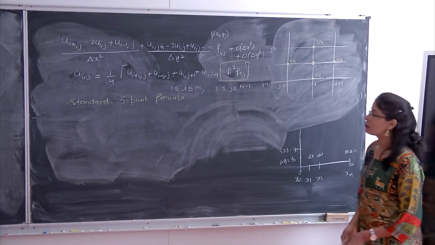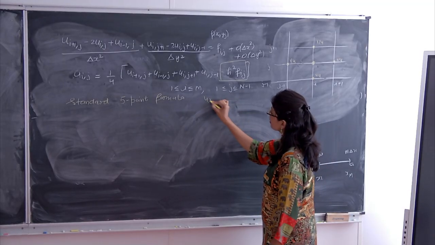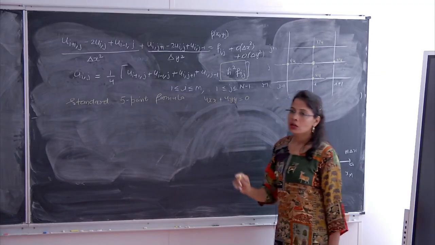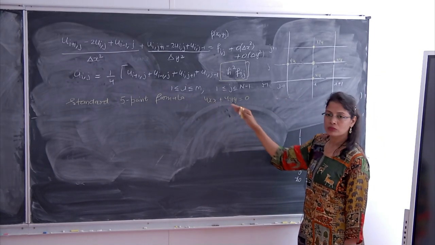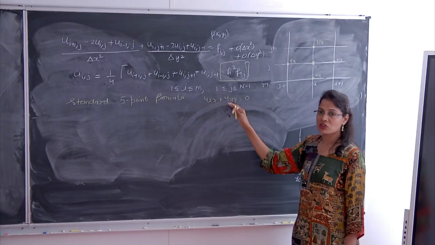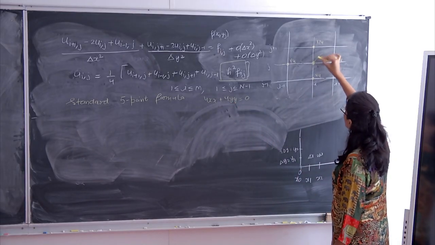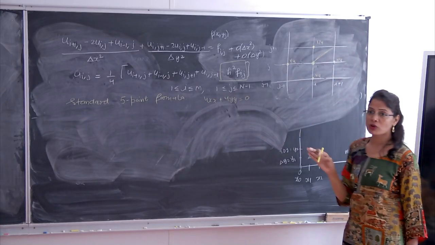Now, when we do the Laplace equation, which is u_xx plus u_yy equal to 0, this problem is invariant when we rotate our axis by a 45-degree angle. So we know that this is your 45 angle, and this is our 5-point formula.